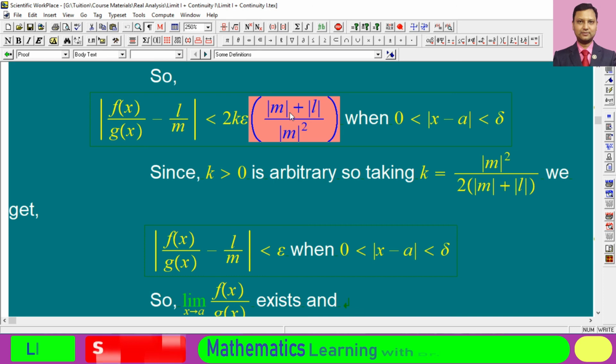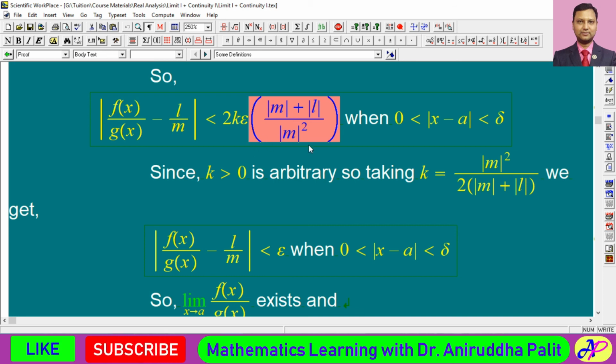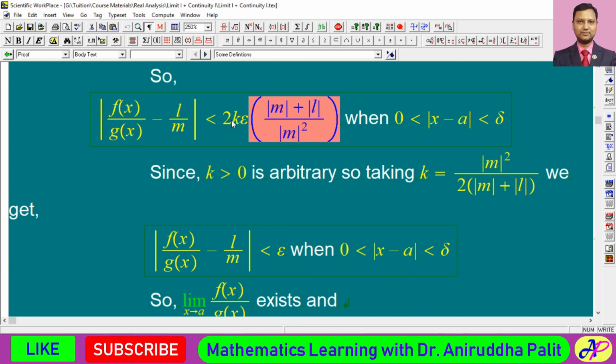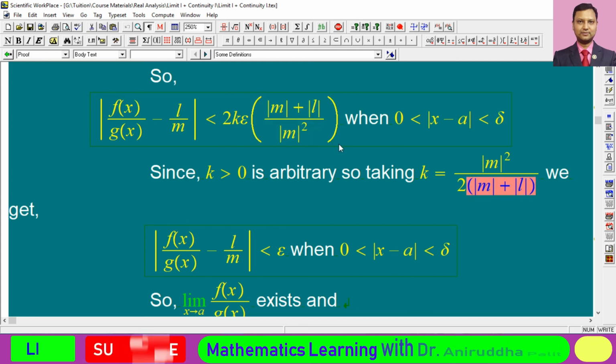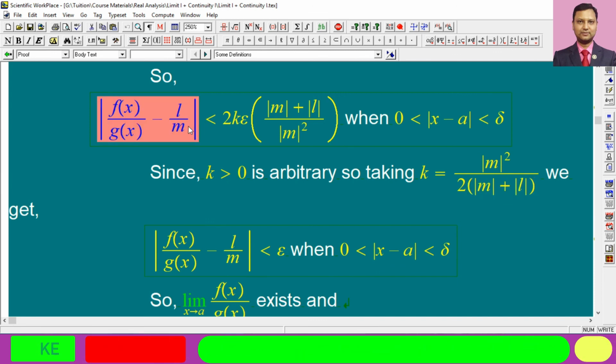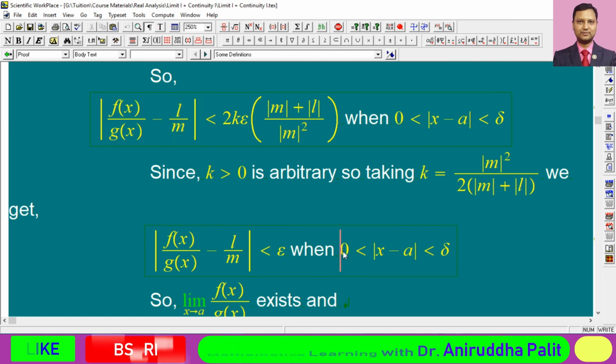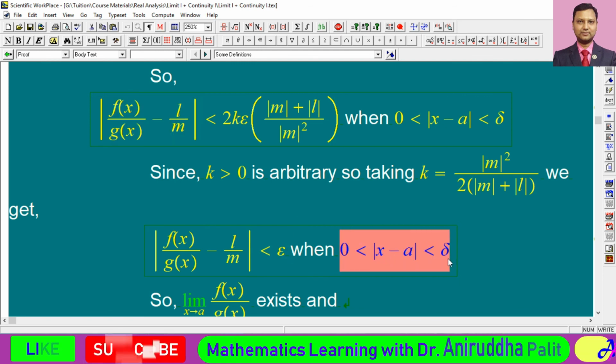So if we consider k as the inverse of this expression, that means k is equal to M squared divided by 2 into this expression, we would be able to write this left hand side as less than epsilon when 0 is less than modulus of x minus a less than delta.